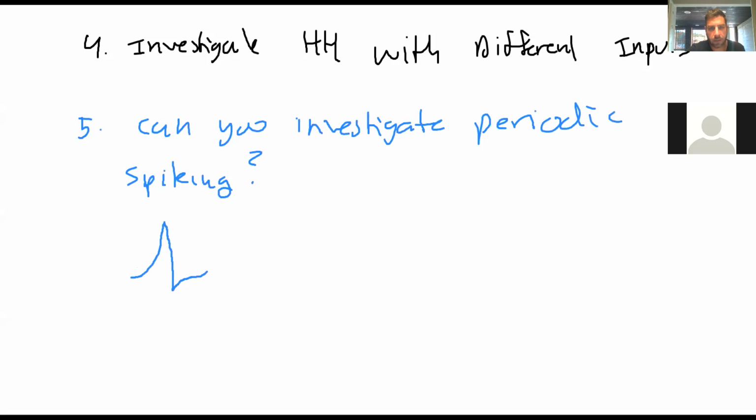How do you get something like this? Well, you have to have some input that's periodic, and if the input is periodic, then you get this behavior of the cell that's also periodic. This is important. We call this a spike train. Can we get this to happen?